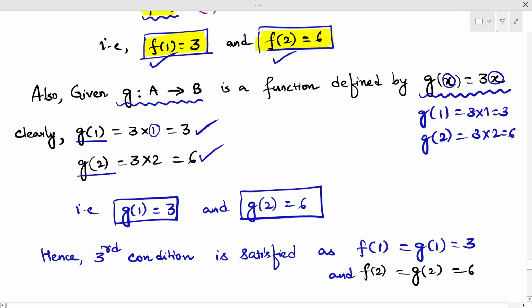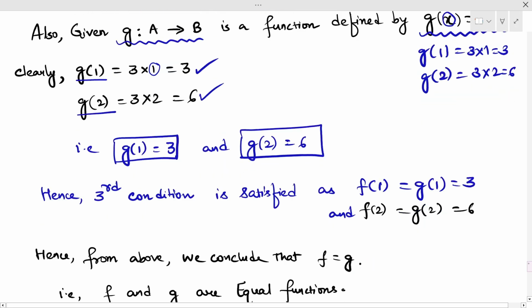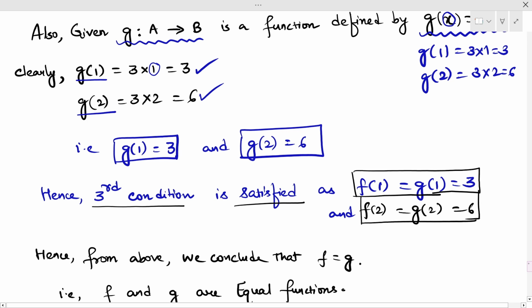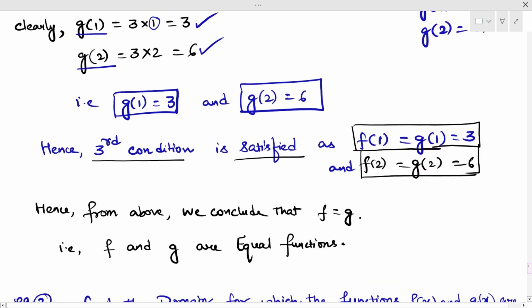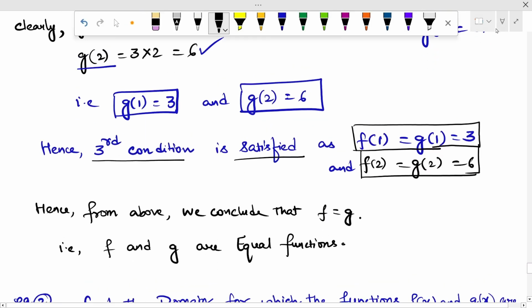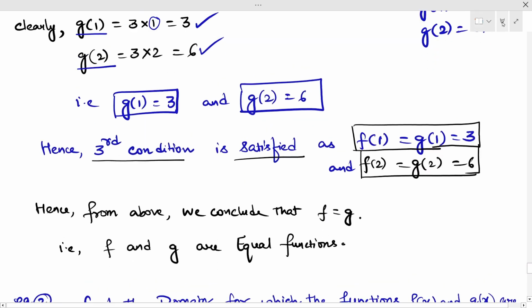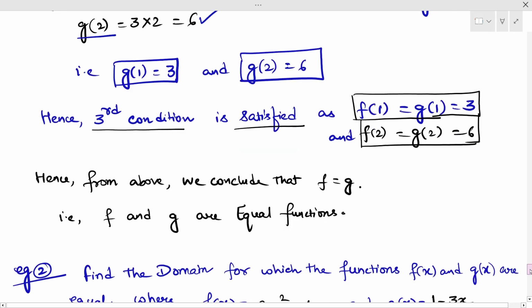Means our third condition is also satisfied. Hence third condition is satisfied as f(1) equals g(1), which is equal to 3, and f(2) equals g(2), which is equal to 6. Hence from above we conclude that the two functions are equal functions, right?